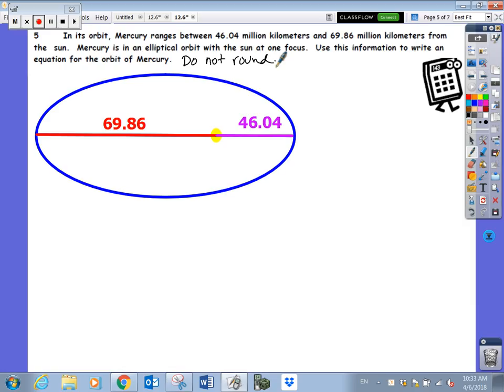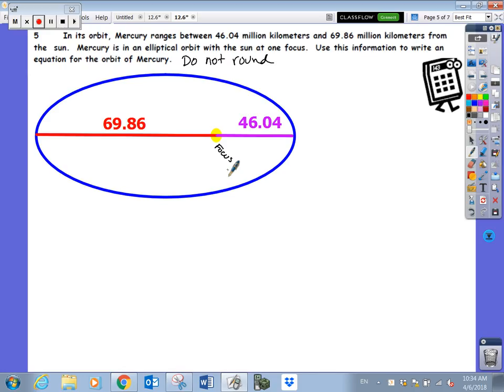The sun is a focus. This is where knowing A, B, and C is going to be very, very important. If you had drawn this vertically, it would have been okay. Typically, I would think you would draw this horizontally, but if you drew it vertically, it wouldn't matter. Your numbers would be flip-flopped, but that would be okay. I would just look at your picture to figure out whether you drew a vertical or horizontal ellipse.